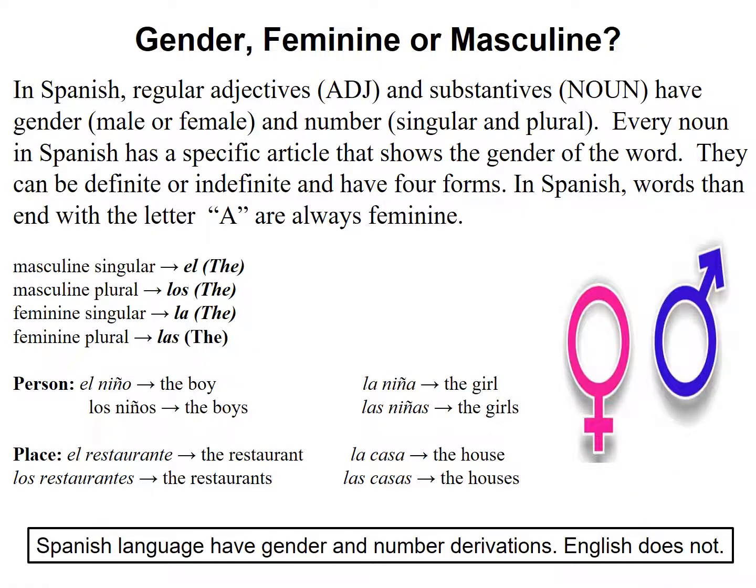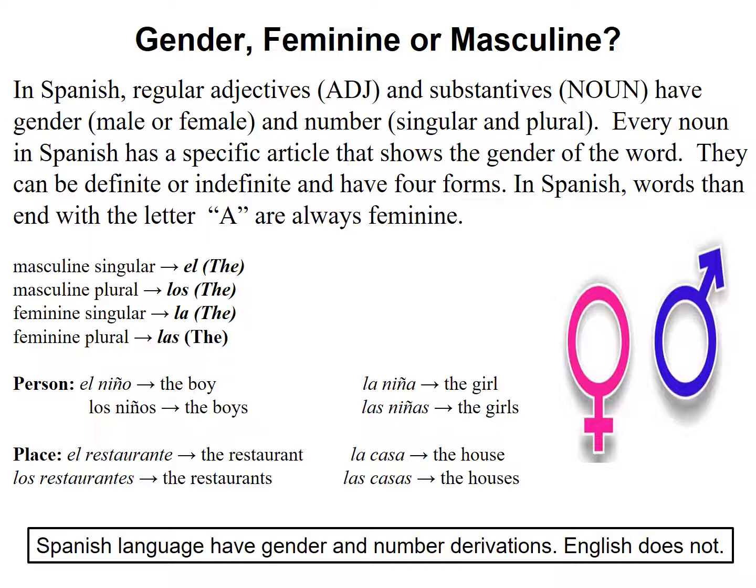One of the biggest differences between Spanish and English language is that Spanish language has gender and number derivation, while English does not. Every noun in Spanish has a specific article that shows not only the gender of the word, but also if the word is singular or plural.